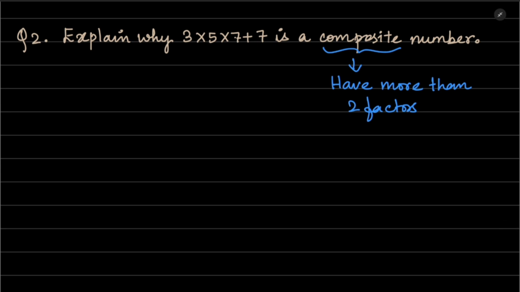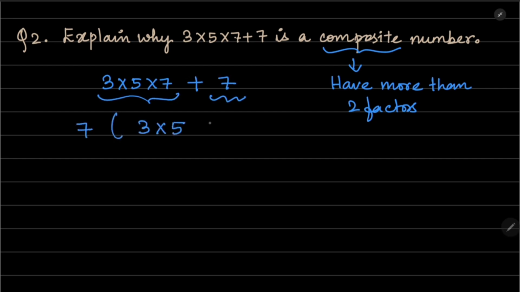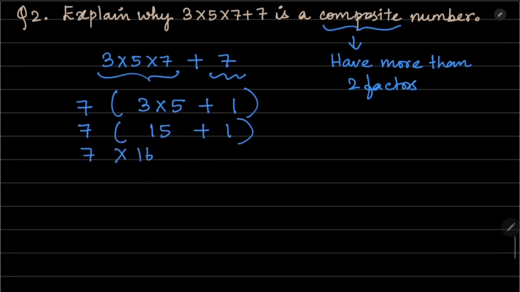So now the given expression is 3 multiplied by 5 multiplied by 7 plus 7. Out of these two terms, take 7 common. So you'll have 7 multiplied by (3 into 5 plus 1), which is nothing but 7 multiplied by (15 plus 1), which is 7 multiplied by 16, right?